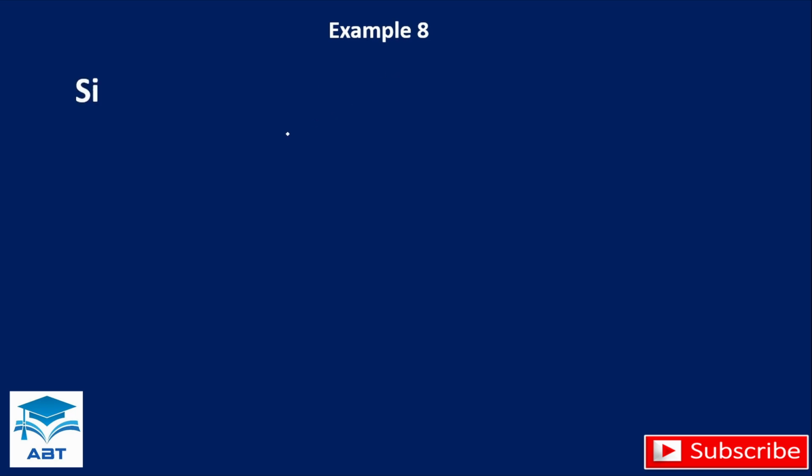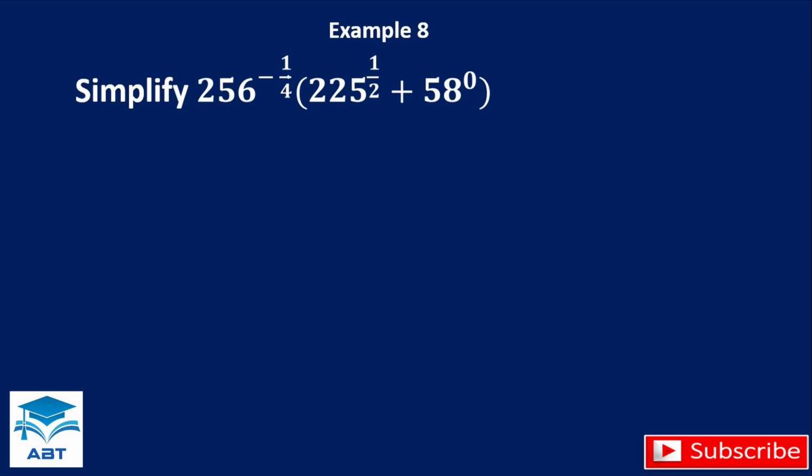Example 8. Simplify 256 exponent negative 1 over 4 times, in bracket, 225 exponent 1 over 2 plus 58 exponent 0.